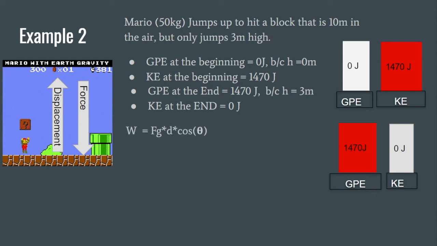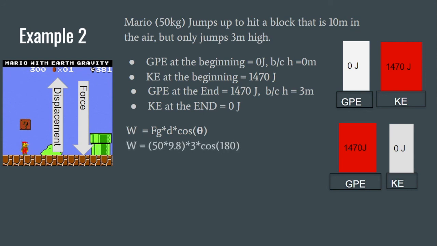Let's take a look at the work. Work equals force times displacement times cosine theta. The force in this case is force of gravity that we're looking at. We notice that force of gravity points down, but the displacement points up. So these are pointing in opposite directions, meaning that the angle between them is 180 degrees.